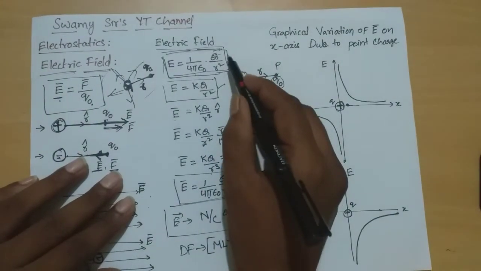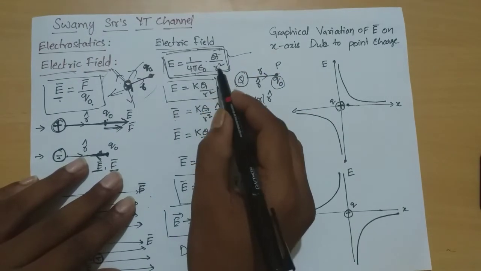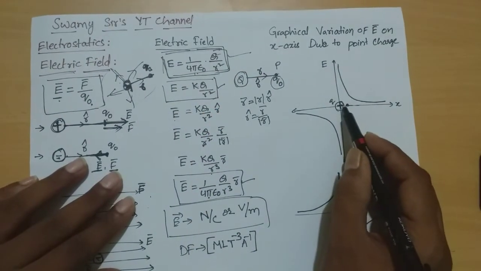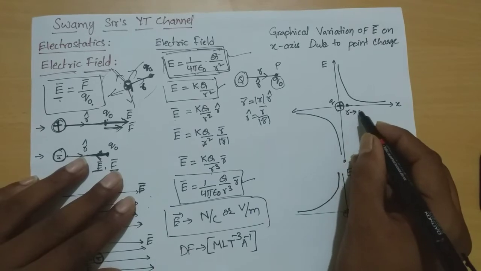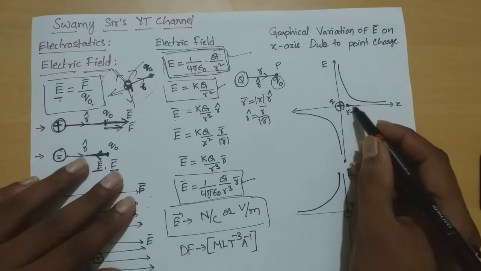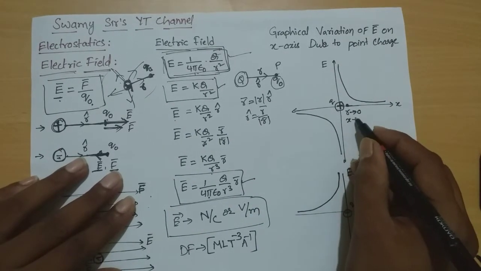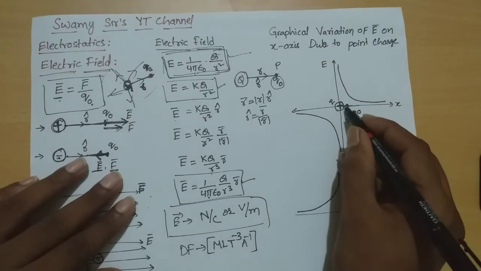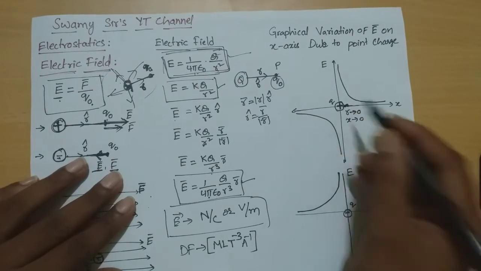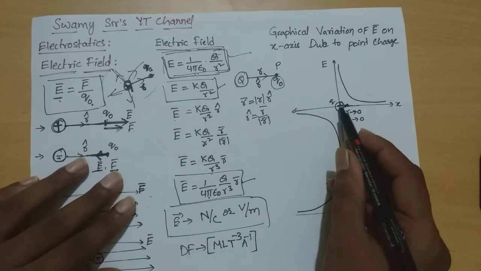Looking at the formula, very near to the charge r tends to 0, r is very small, or if we consider the x-axis, x tends to 0, which means very near to this positive charge. Here x is nothing but r, the distance from the charge.